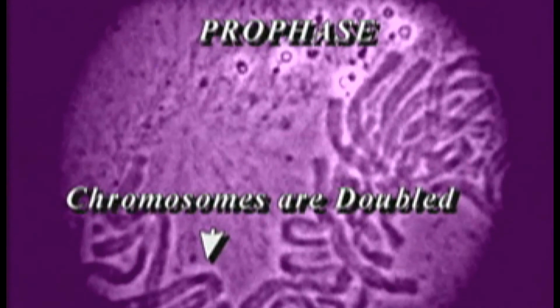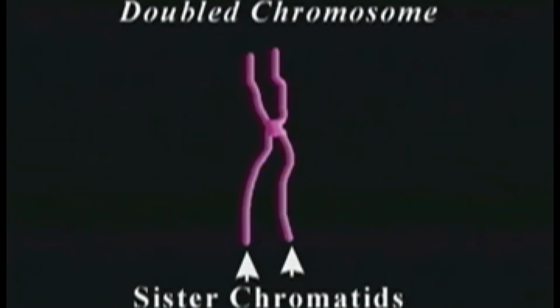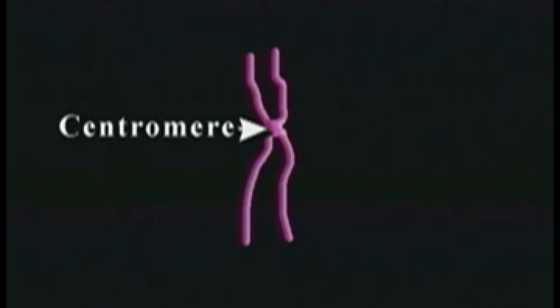It is important to realize that during prophase, the chromosomes are actually doubled and are made up of 2 identical strands called sister chromatids. The sister chromatids exist because the cell's DNA was replicated during interphase. A special structure called a centromere joins the 2 chromatids together.